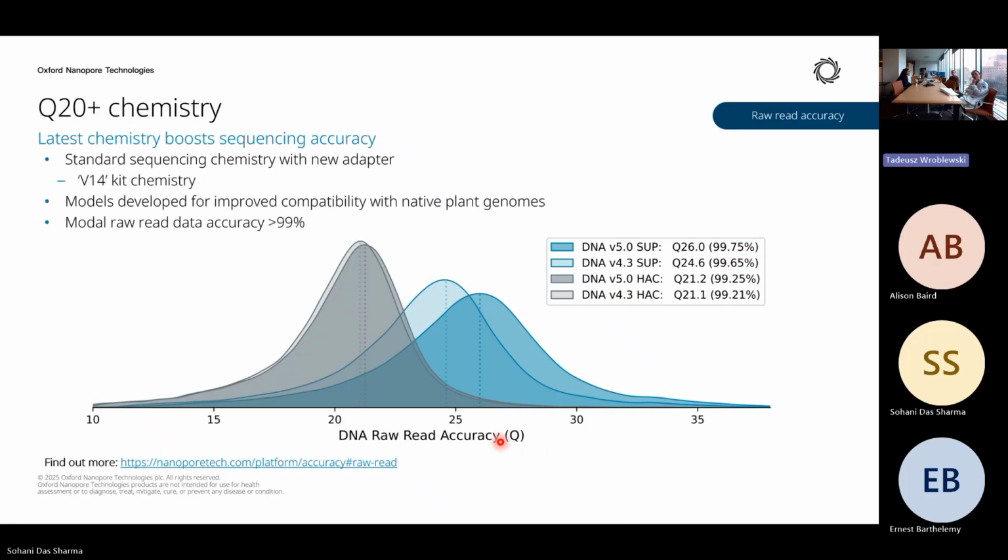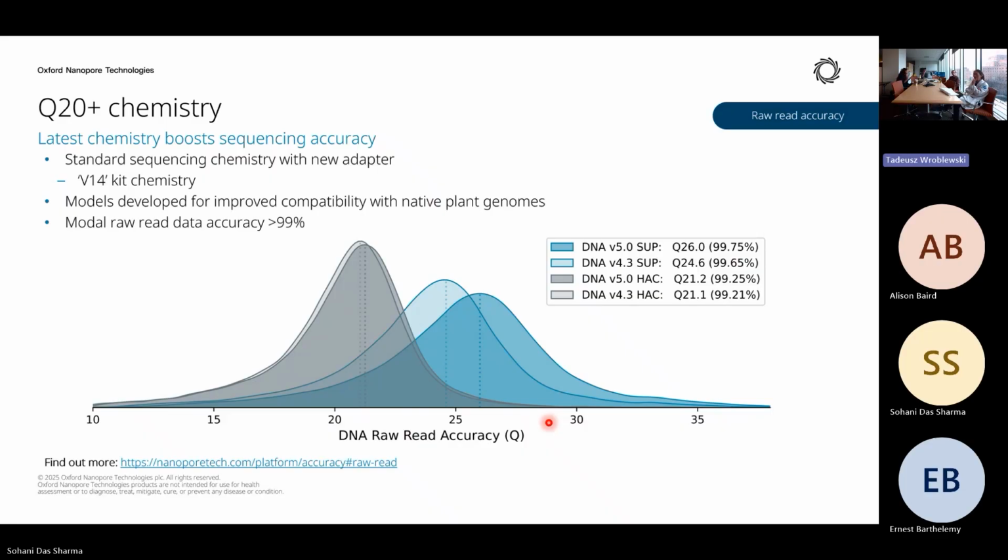And once again, I want to mention this is raw read accuracy, not consensus accuracy, which you see in other platforms. For Nanopore, we also share the raw read accuracy, which means information of each nucleotide and at what confidence level, the Q value for calling each base.